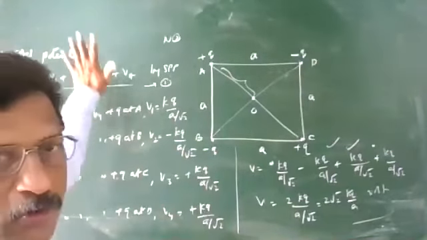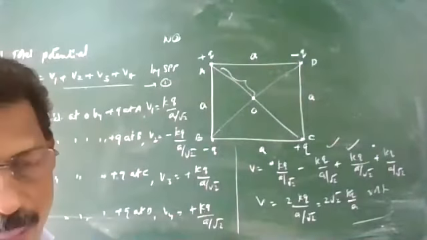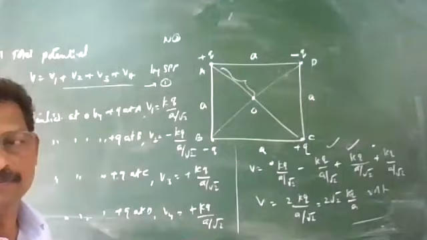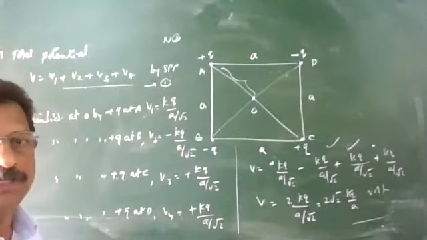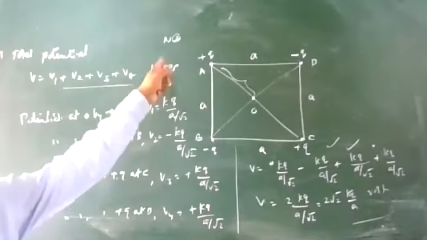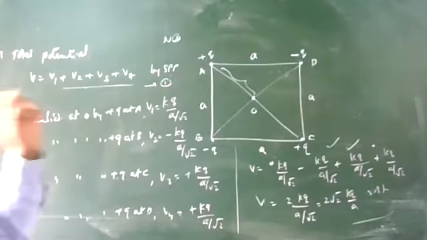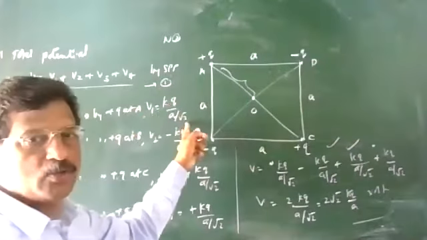Same steps you have to follow. All the steps should be like this, then only you get the full mark. All the steps should be there. So first is total potential equal to V1 plus V2 plus V3 plus V4, by SPP. Then potential at O by plus Q at A, V1 equal to KQ divided by A by root 2.